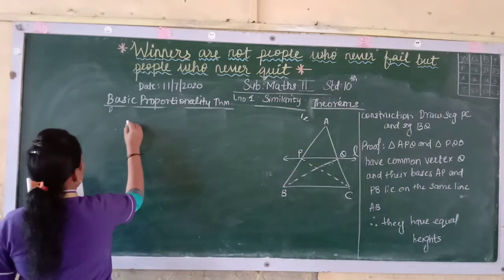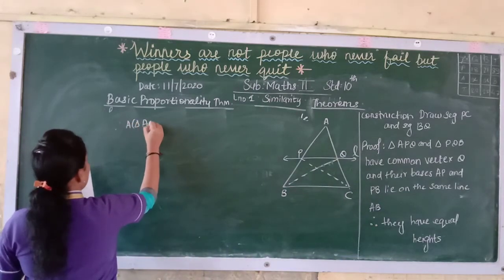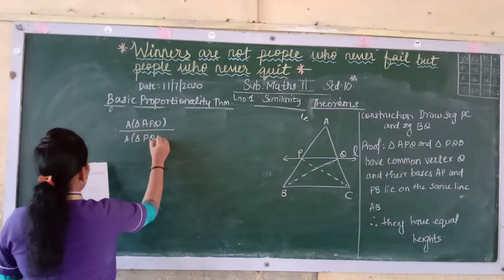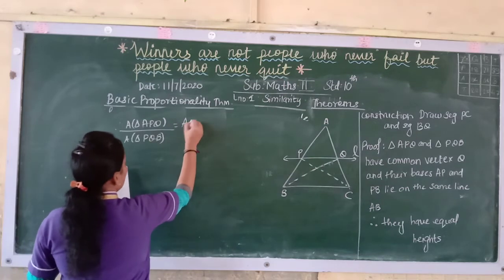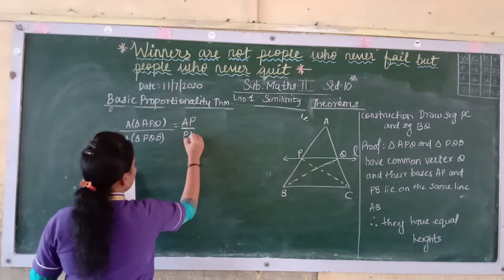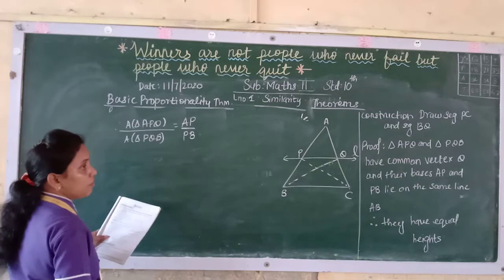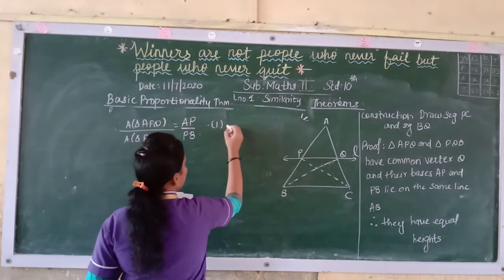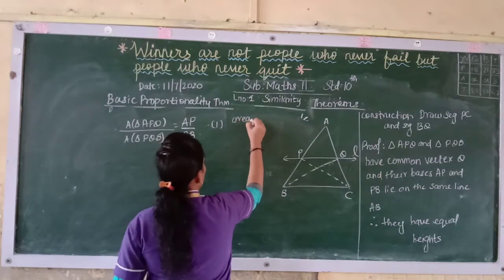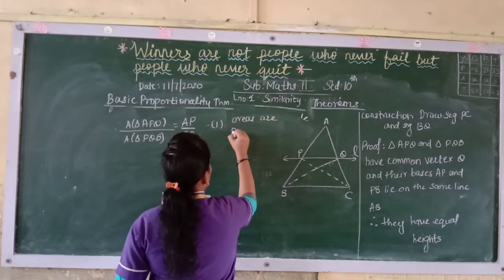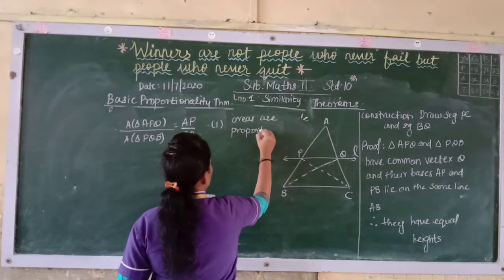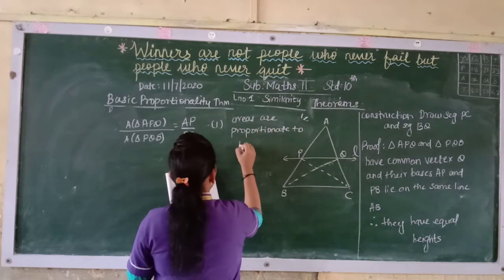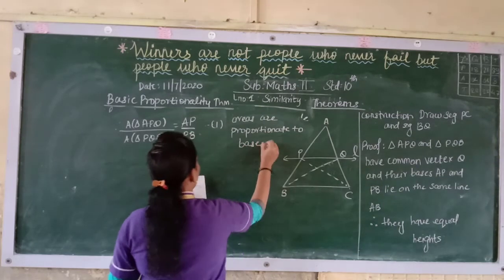So therefore, area of triangle APQ upon area of triangle PQB is equal to AP upon PB, because areas are proportionate to their bases. So here for the reason you can write, give that as 1: areas are proportionate to their bases.